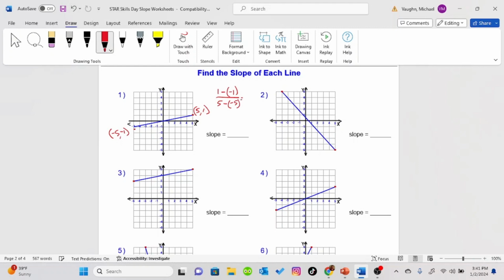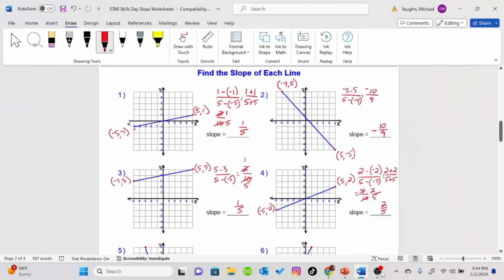This becomes 1 plus 1, and this becomes 5 plus 5, which gives us a slope of 2 over 10. 2 can be divided by 2 once. 10 can be divided by 2 5 times. So my slope is 1/5. You can continue working on this sheet using this same method.